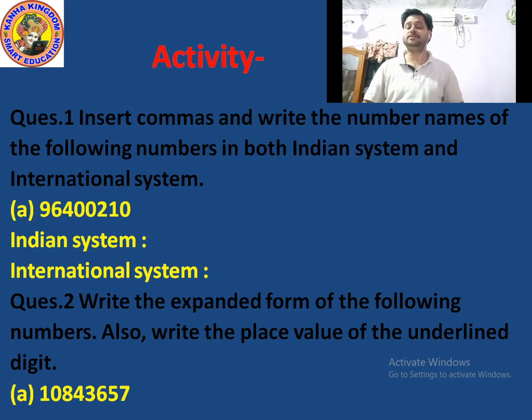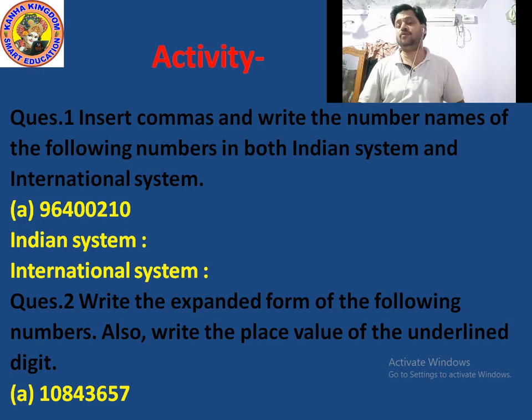Then again plus, and whatever the digit in the 1000 place, you just write down that digit and the rest of the digits converted into 0 with the help of commas. Then plus, and then after the 1000 place, the 100 place. So which digit in the 100 place? First you write down that digit and the rest of the numbers converted into 0. Then again plus, and after the 100, the tens place.